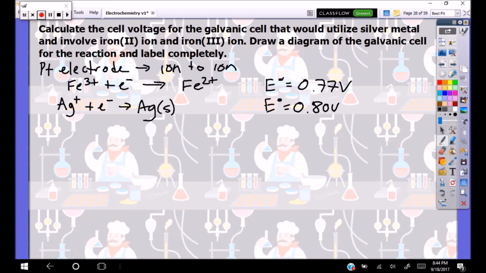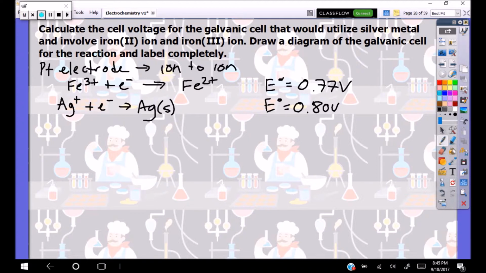So we have to make a couple assumptions here. One, we want this to be spontaneous, so we're going to need to make these potentials add up together to be a positive number in some shape or form. So that will help dictate which one we are going to reverse. So we're using silver metal.